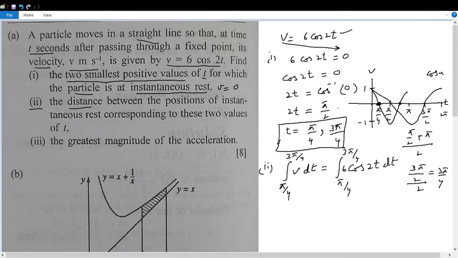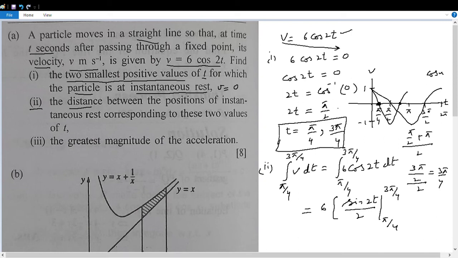Now let's quickly get the answer. We can write 6 outside, so it will be 6 times sine 2t over 2, as you know the integration of cos 2t, from pi over 4 to 3 pi over 4.